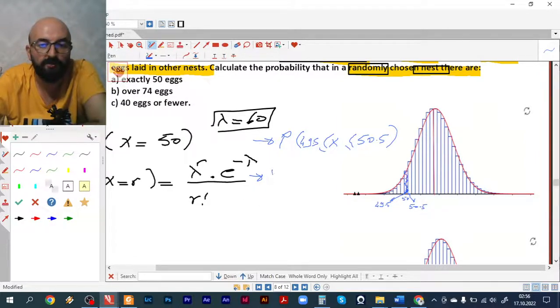So the probability of X becomes the probability of Z between 49.5 minus lambda 60 over the square root of 60, and 50.5 minus lambda over the square root of 60.